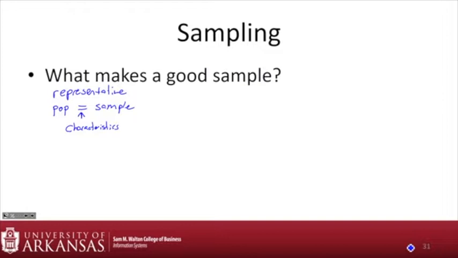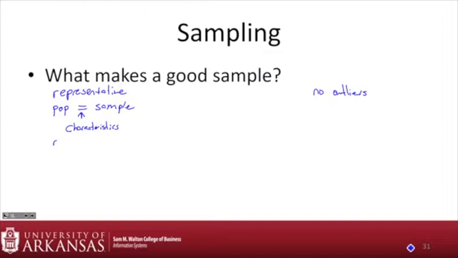What else makes a good sample? No outliers. Yeah, the probability of finding that sample in the population should be, how do I put that?